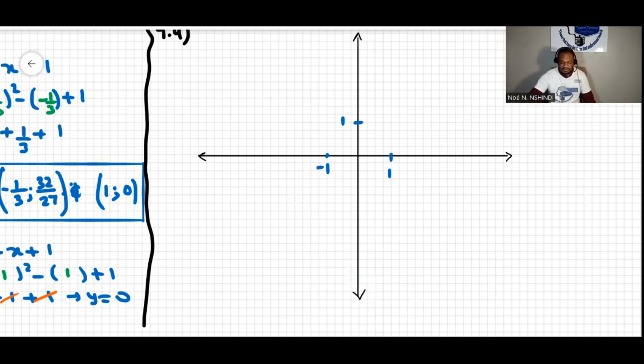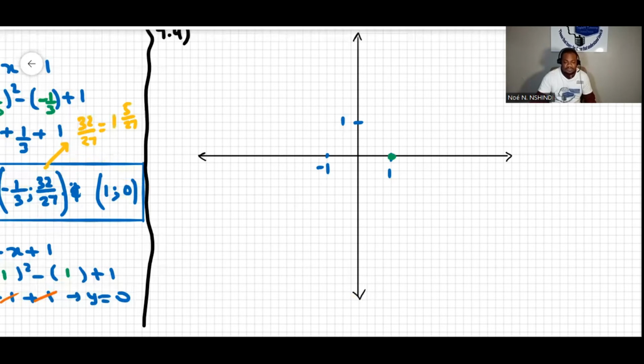The turning points. We defined the turning points at (1, 0) and (-1/3, 32/27). 32/27 simply means 1 unit and 5 over 27. So (1, 0) is here.